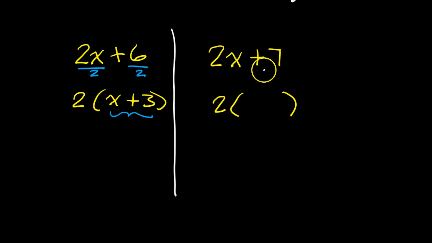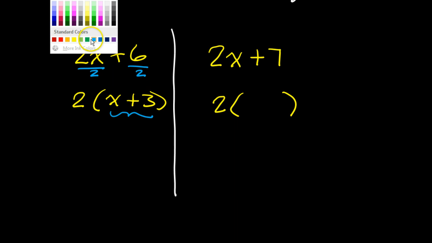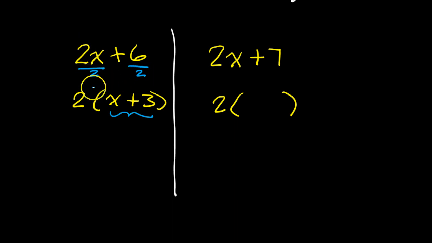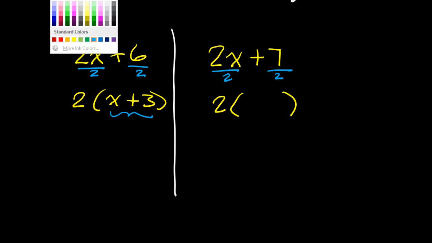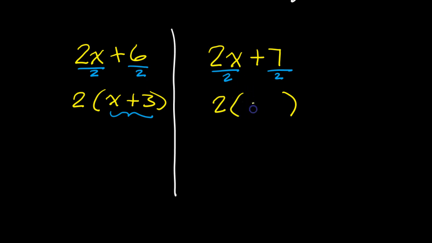I could, even though it's not a common factor, as long as I use the same procedure that I did over here. When I pulled out the 2, I divided everything by 2, and that told me what goes on the inside. So I divide both of these by 2, and that tells me what will go here. These 2's will still cancel, and I will have x. But for this, I have no choice but to just leave it as 7 over 2 like that.